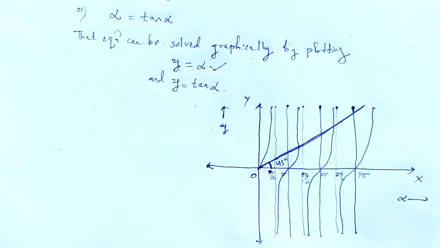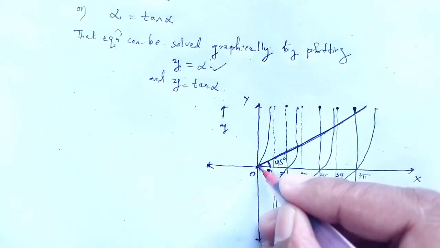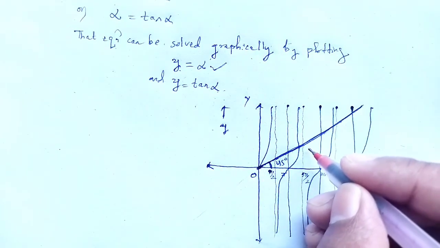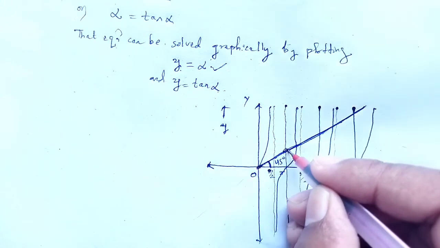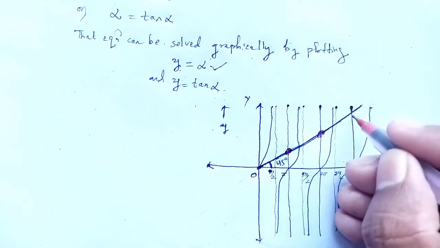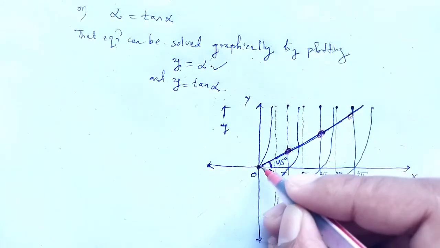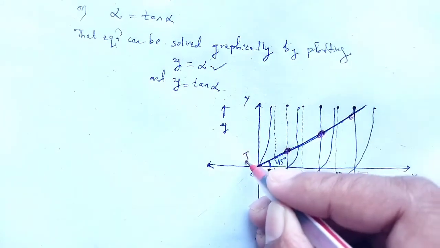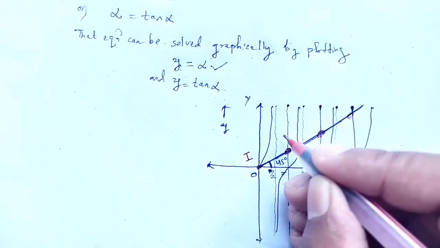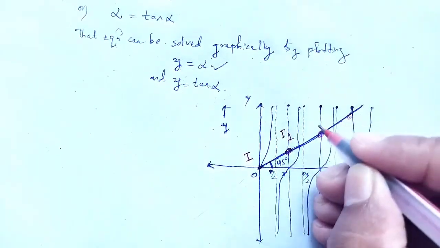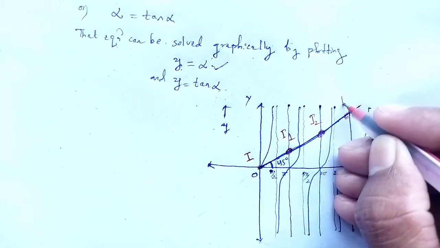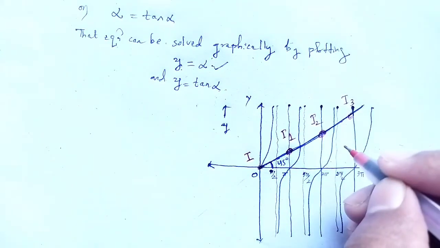It records the graph at points where, let the intensity be I, here intensity I1, here intensity I2, intensity I3 and so on.